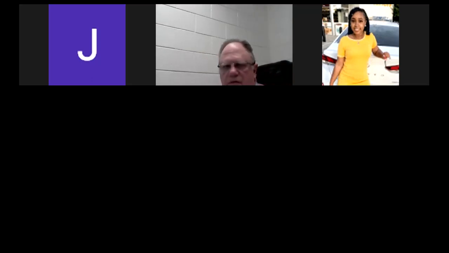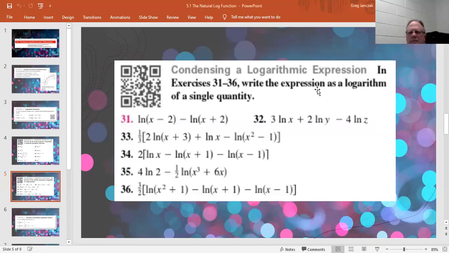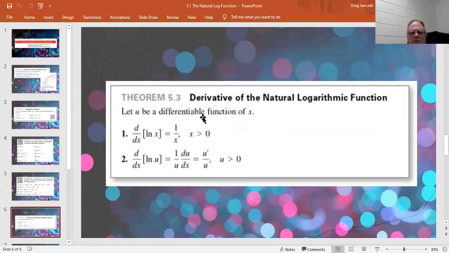Okay, so we're going to continue. Now we're going to look at the derivative of a natural logarithm function. The derivative of a natural log of x is 1 over x.